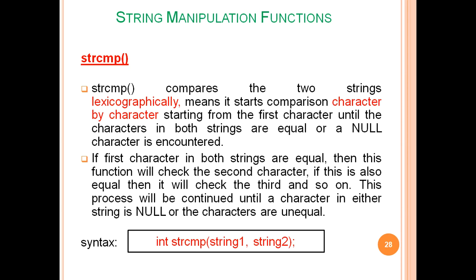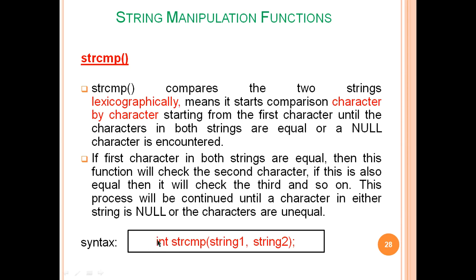This process repeats until a character in either string is null or the characters are unequal. There is a character by character match, and unless there is a mismatch in the characters, it does not stop, or until a null character is reached in either string. That is how string compare works.